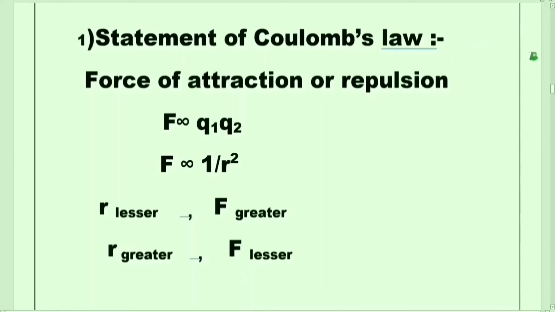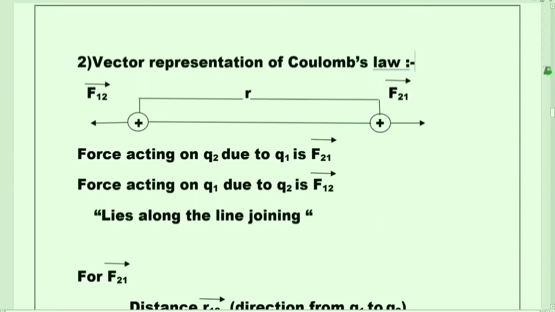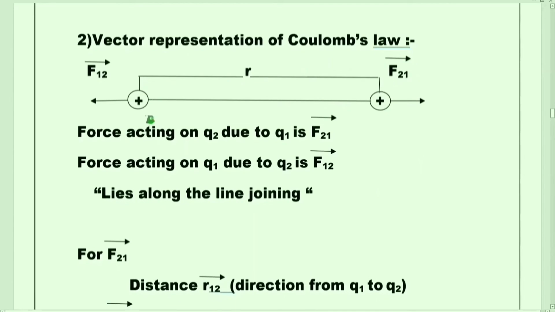Okay, now we move on to the second aspect. The second aspect is vector representation of Coulomb's law. Here we consider positive point charges. So, force acting will be repulsive.